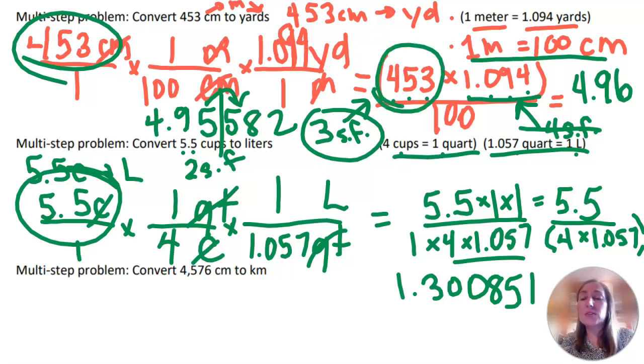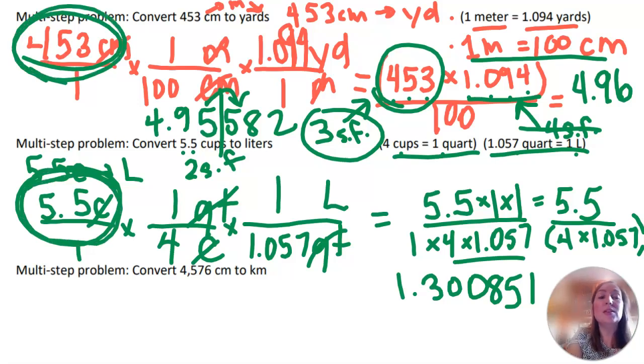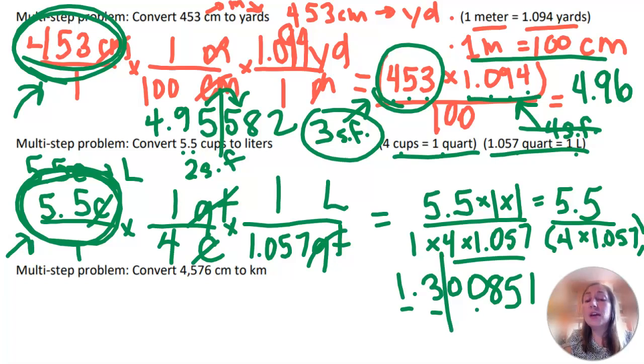I was just kind of going on autopilot, thinking about a number that was not a round number. But we're really limited by the initial measurement usually going into the equation. So 3 sig figs on our last problem, 2 sig figs on this one. Let's cut it off at 1, 2, and we'll get 1.3 liters.